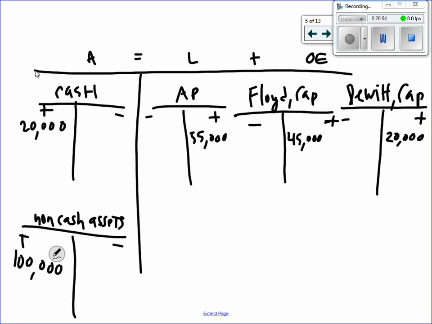Floyd is 60% ownership. DeWitt is 40%. Remember, you could see it in a percentage, in a fraction, or that ratio, like the last one. Well, it's a percentage, but remember if it's like the 3 to 2 to 1, you add those three up, divide it by itself, but they're giving us the percentages instead, okay?